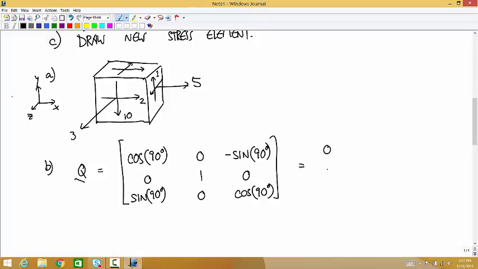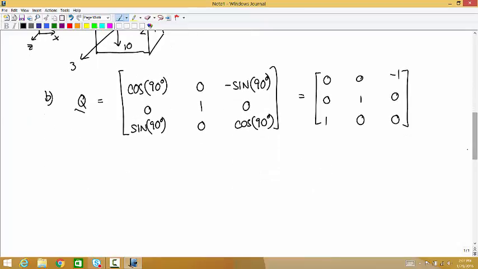So that's 0, 0, negative 1, 0, 1, 0, 1, 0, 0. So that means that Q transpose is all the columns here are rows in the transpose, so 0, 0, 1, 0, 1, 0, negative 1, 0, 0.